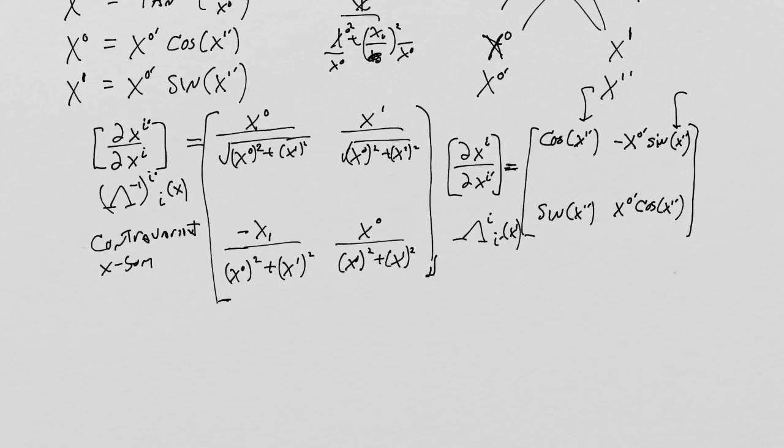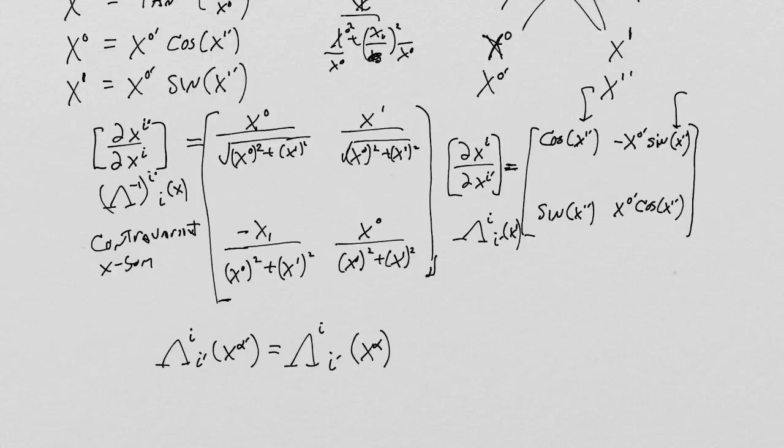Right now I've got lambda I prime as a function of the prime coordinates, x alpha prime, to be consistent with my notation. But I really want that to be lambda I prime as a function of x alpha.